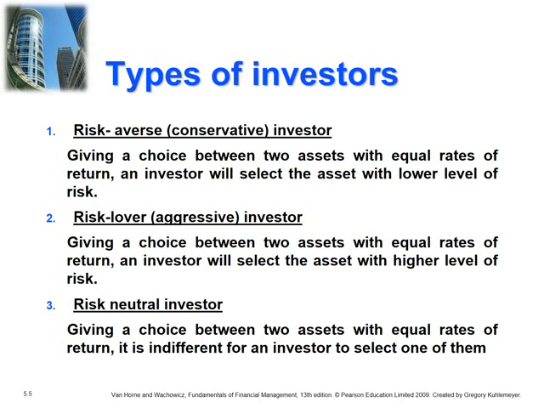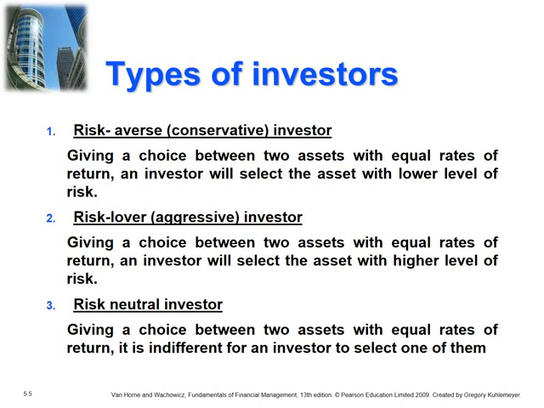Second, risk lover investor or aggressive investor. If this investor chooses between two assets with the same rate of return, he will select the asset with the higher level of risk. Third, risk neutral investor.